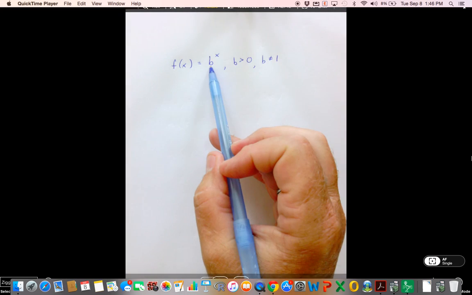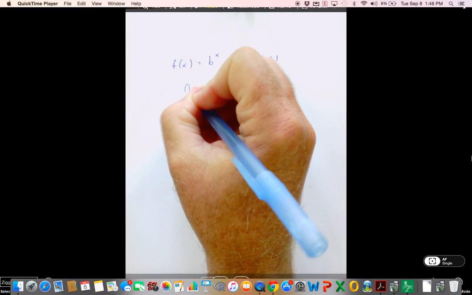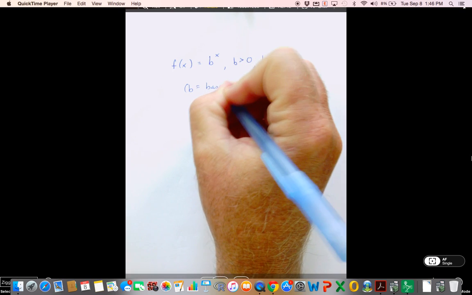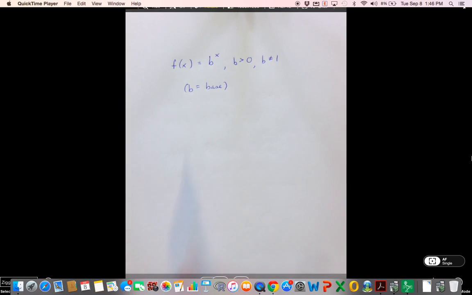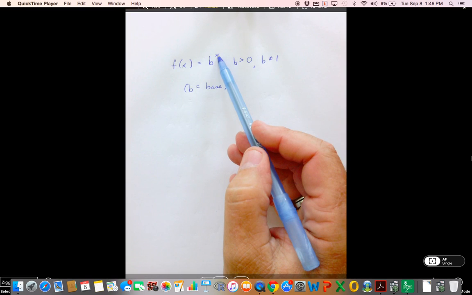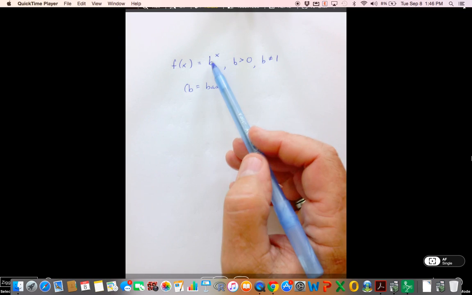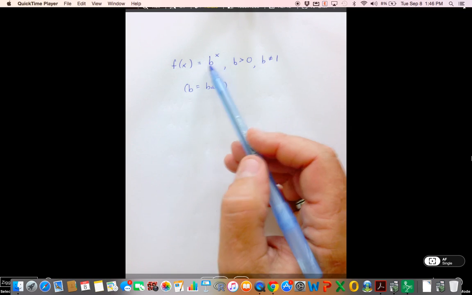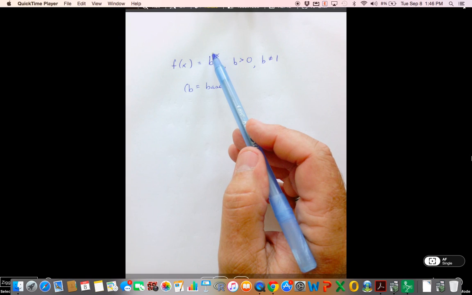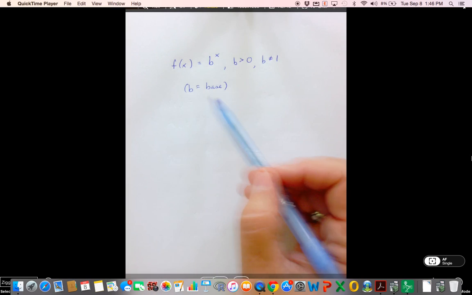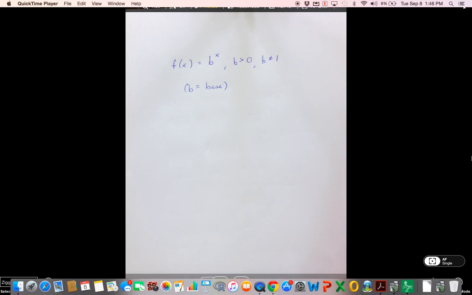Guys, by the way, b is what we call the base. If we put a 1 in there, well, 1 raised to the second power is 1, 1 raised to the third power is 1, 1 raised to the fourth power is 1. You get the hint. It'd be a constant function, just a line at 1. So that's not exponential, but anything with b greater than 0 does give us one.